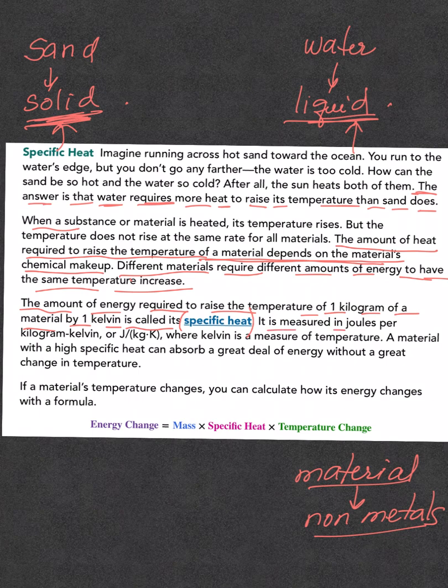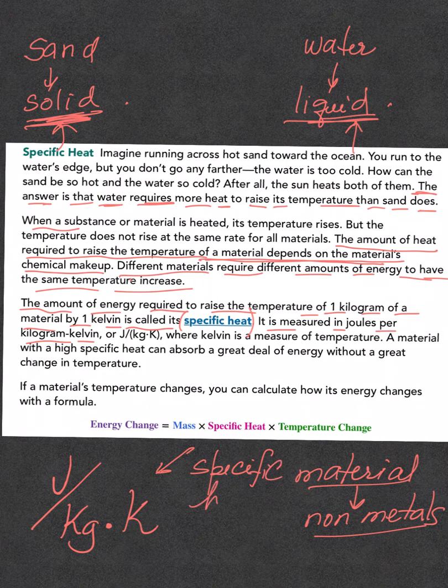It is measured in joules per kilogram Kelvin. I'm going to write that over here. It's joule per means division, kilograms multiplied by Kelvin. That's the unit of measurement for a specific heat, where Kelvin is a measurement of the temperature.